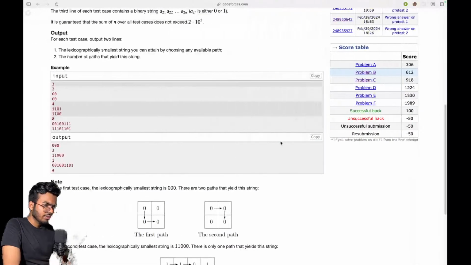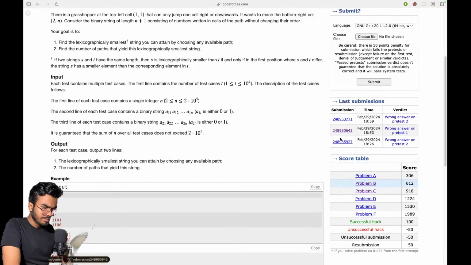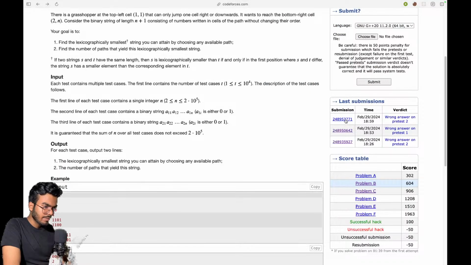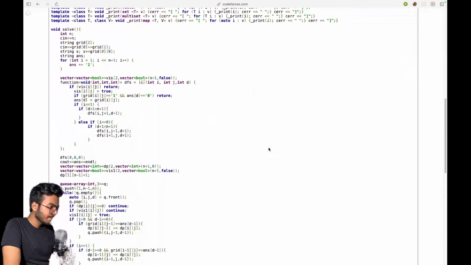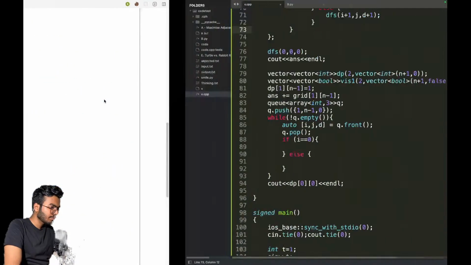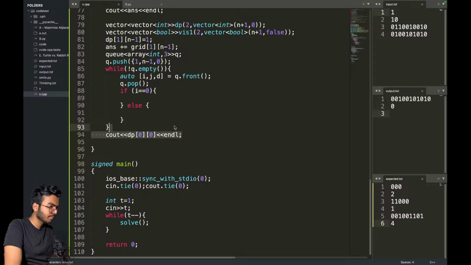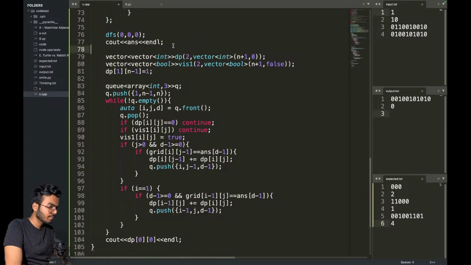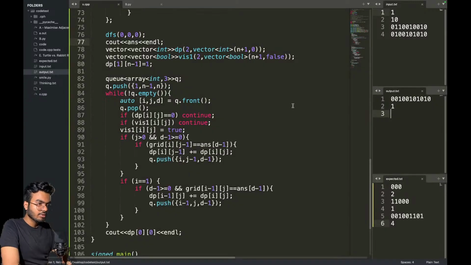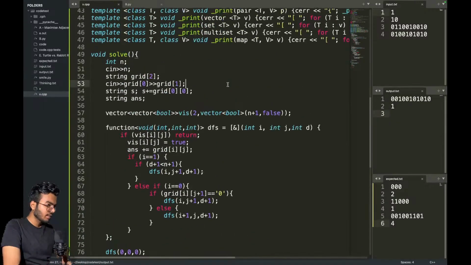And now I will use the same counting algorithm that I wrote here, not in this one, but this one. So there is only one way to reach this. Yeah, I think this is correct.